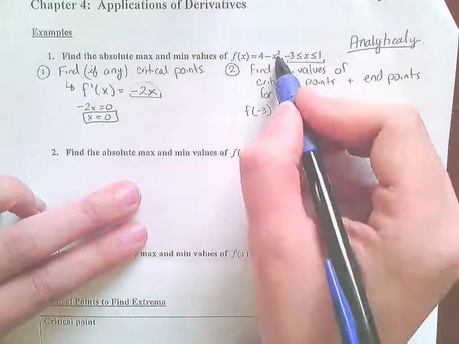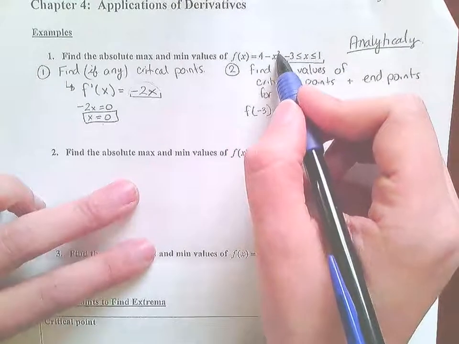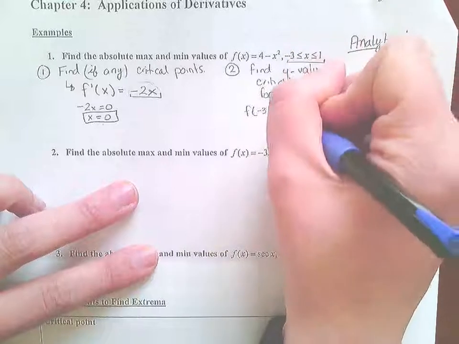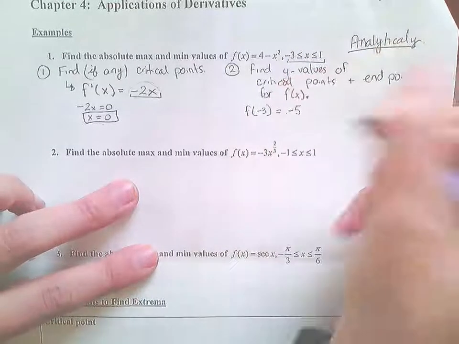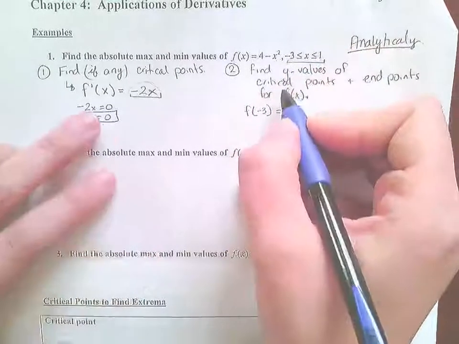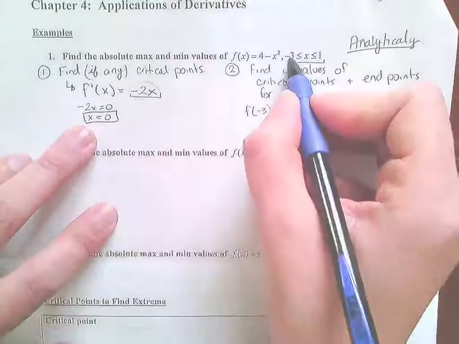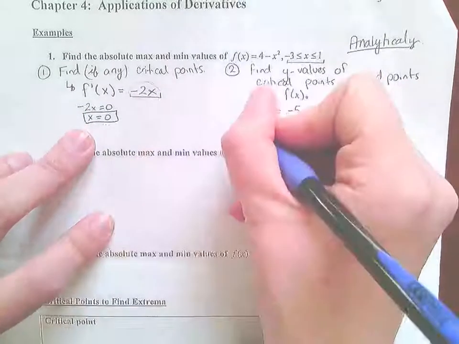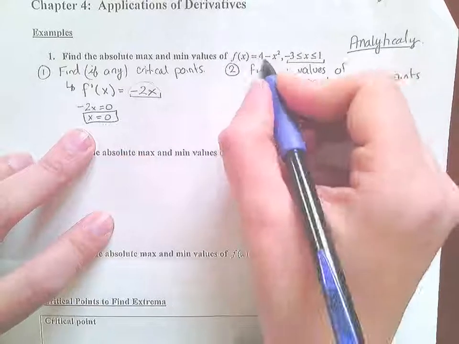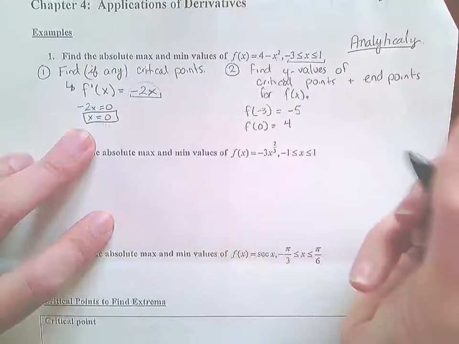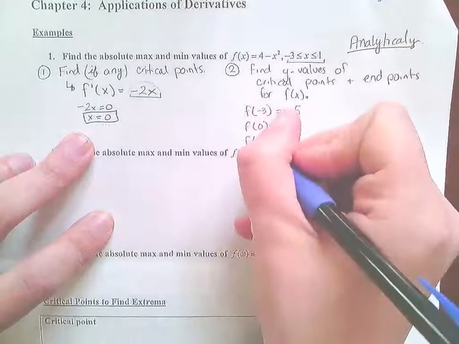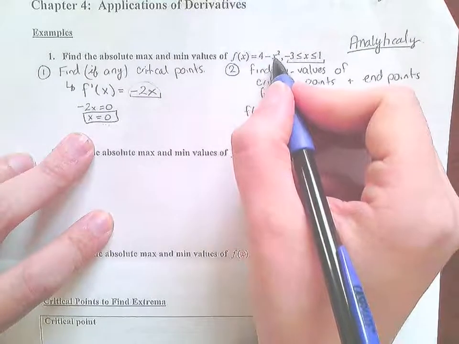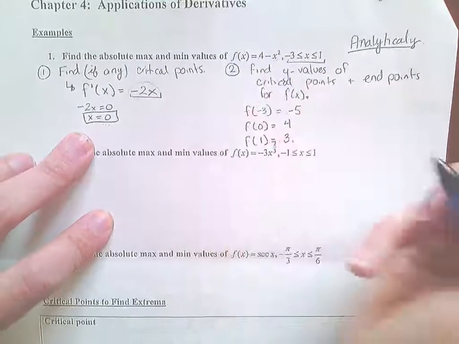So you plug that in. Negative 3 squared is 9. 4 minus 9 is negative 5. Next up, I'm going to plug in 0 just to stay in order. So negative 3 is the smallest, and then f of 0. So 4 minus 0 is 4. And then the last one is f of 1. So I have 4 minus 1 is 3.